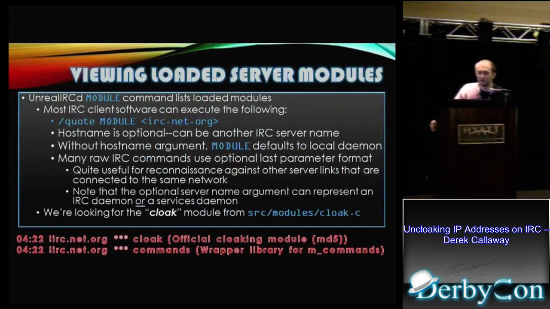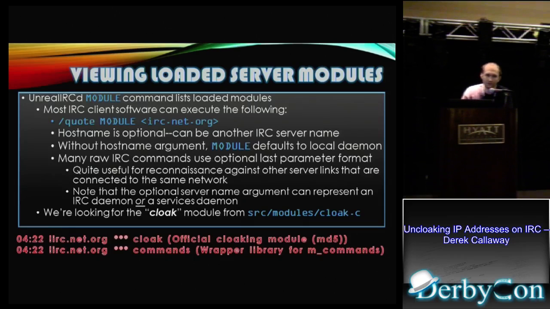One of the things that you want to do if you're going to uncloak somebody's address is you want to know what kind of cloaking is in use. And one of the ways you can do that is you can run the raw IRC module command. So you can see at the bottom there that they're using MD5. A lot of places do use MD5.